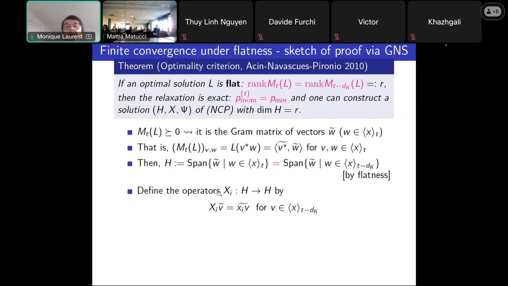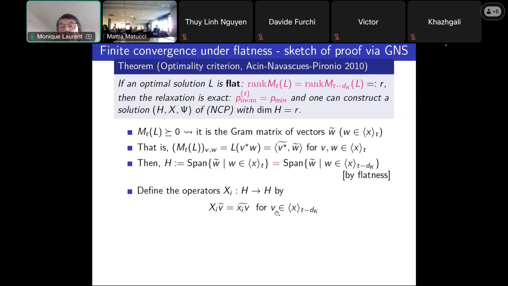Now we can define the so-called multiplication operators. Let's call them X_i, an operator which goes from H to H. How does it go? We have to define how X_i acts on a typical vector in H. H is spanned by those vectors, so we just explain how X_i acts on such a v tilde.